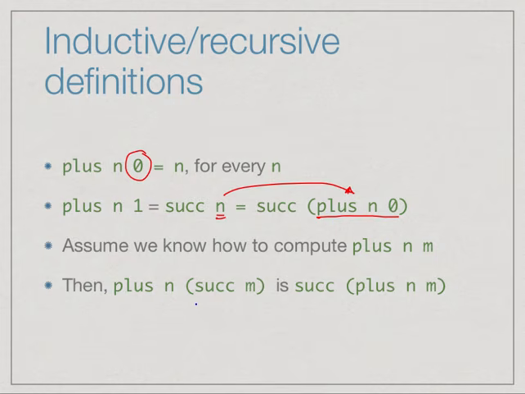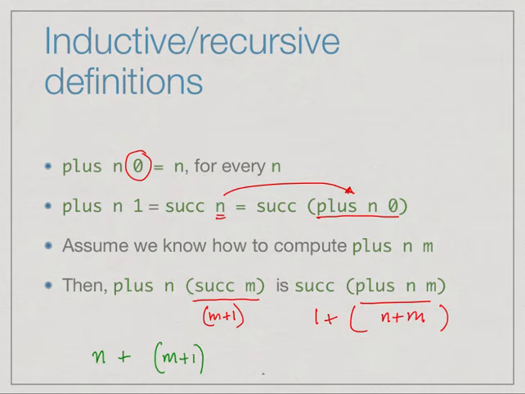Similarly, in general, if I want to add something to m plus 1, then assuming that I know how to do n plus m, then I can add 1 to that. So this is just saying that the value of n plus (m plus 1) is the same as the value of n plus m, which I know how to do inductively, plus 1, which is given to me. So this is my given function.